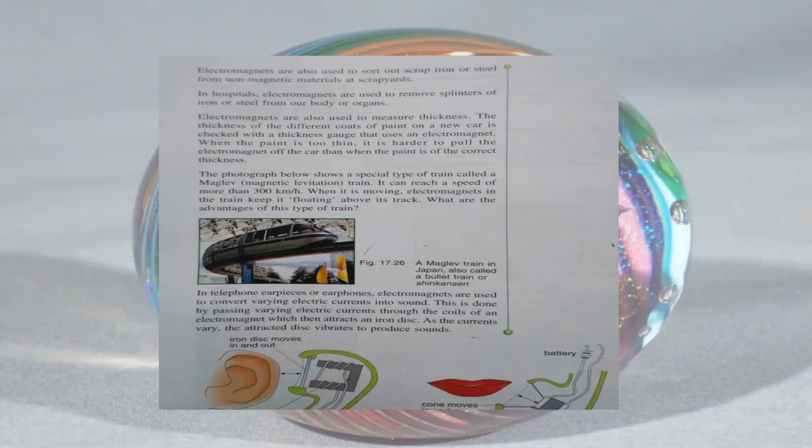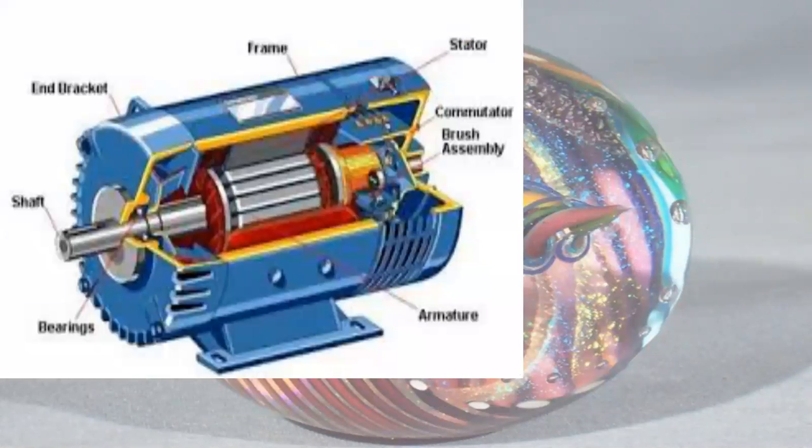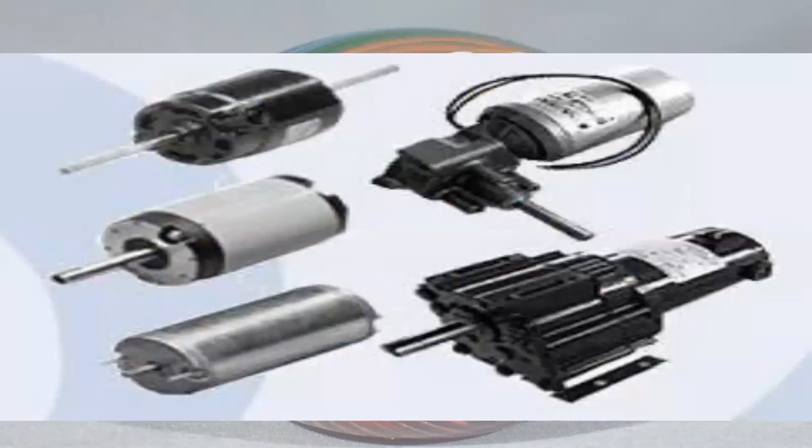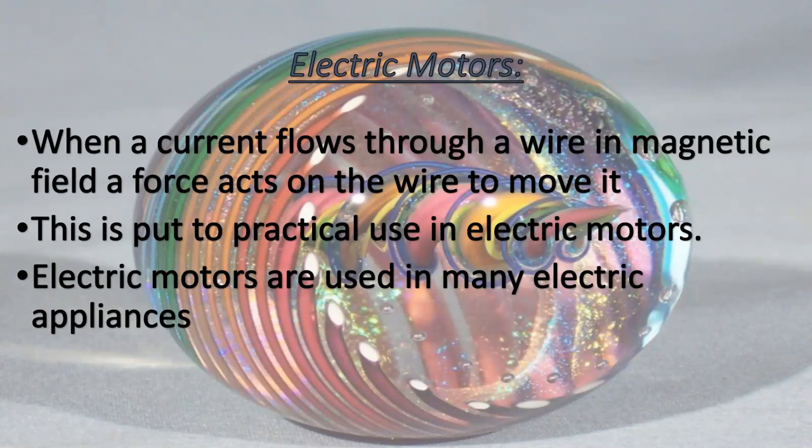In this train, what is the advantage? That is, whenever the electromagnet works, it will work like that.